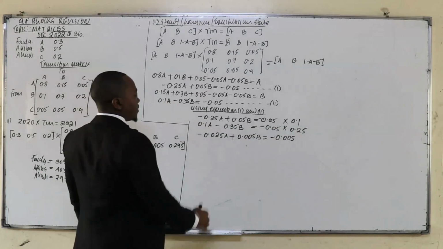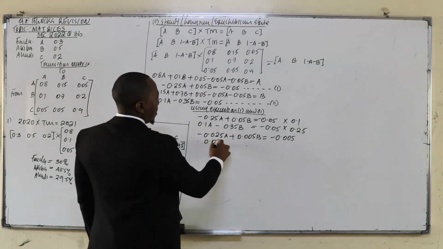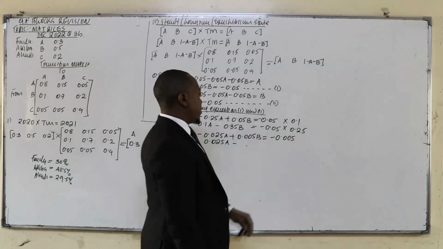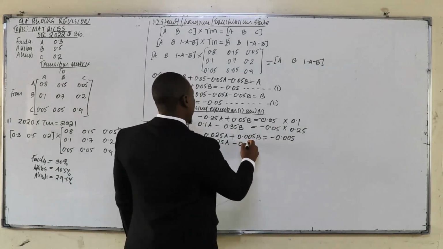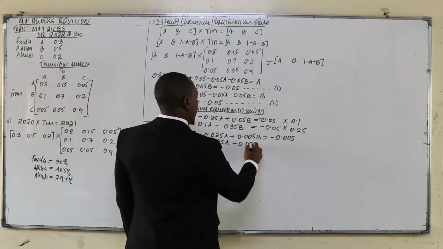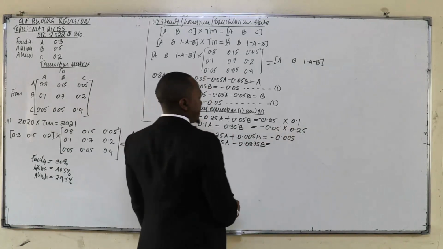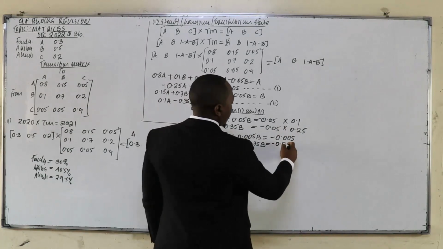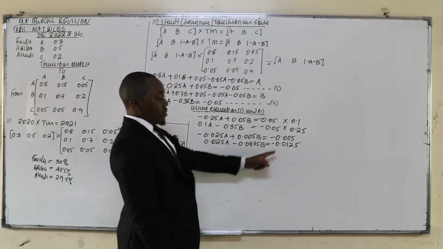So it will be 0.25A minus 0.35 times 0.25, you get 0.0875B is equal to negative 0.0125.